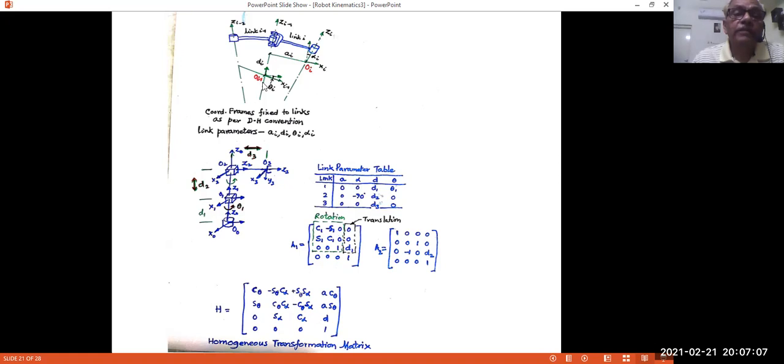We will take d_i first. The distance from O_i minus 1, that is O0, to the intersection of X1 with Z0. The intersection of X1 with Z0 is at this point, and O1 is also at this point.